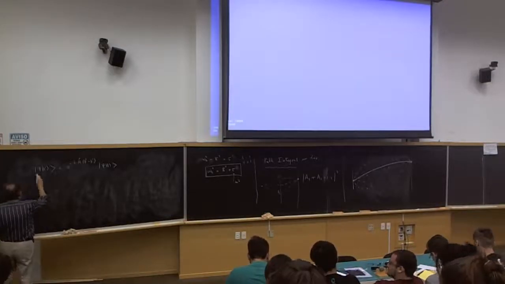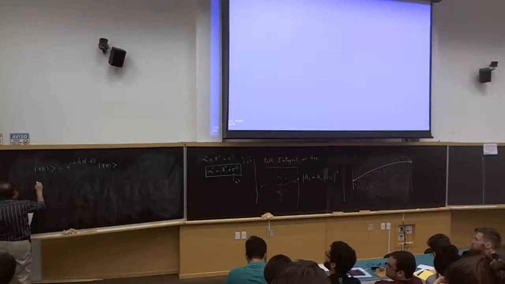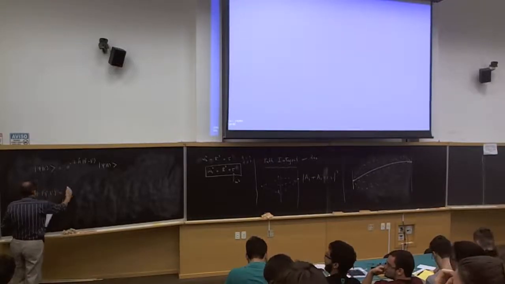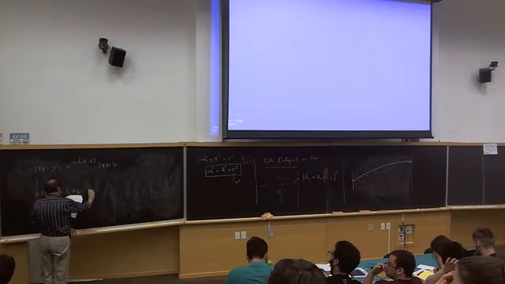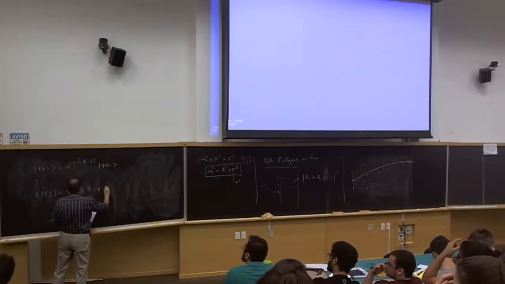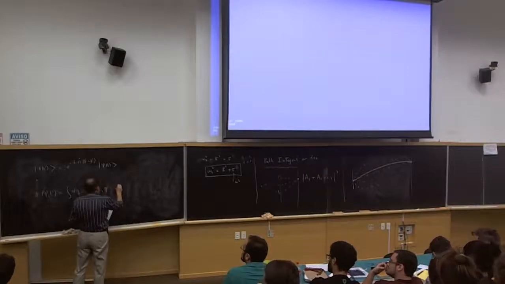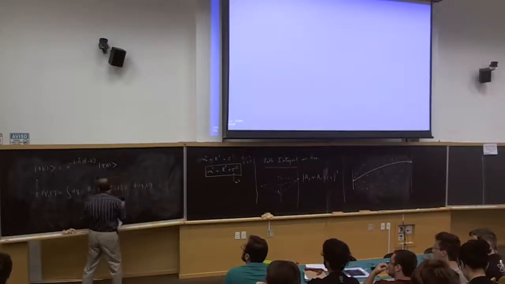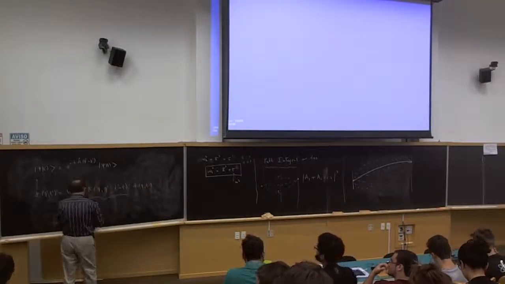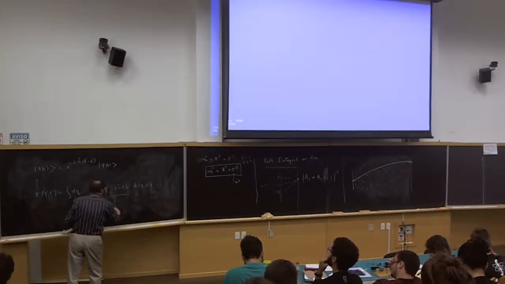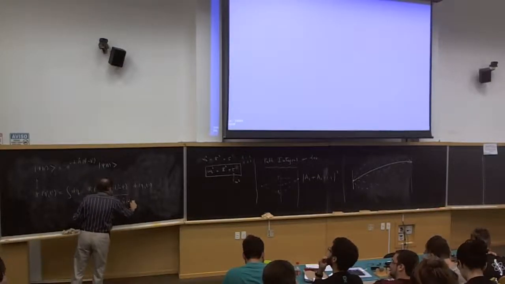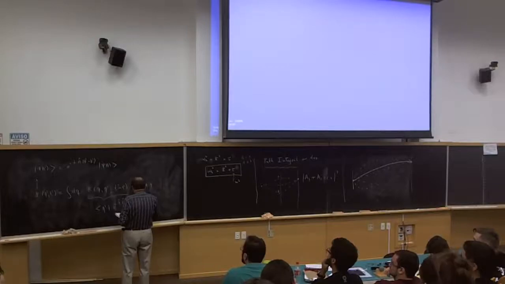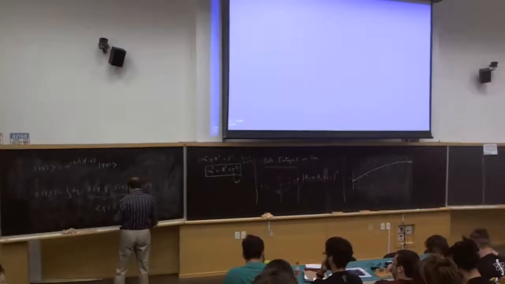Now we can write this in the coordinate representation. So this gives a wave function psi(q', t') equal to the integral over dq of the kernel K(q', t'; q, t) times psi(q, t), and this object here is the matrix element of q' e to the minus i H (t' minus t) over h-bar, with q.